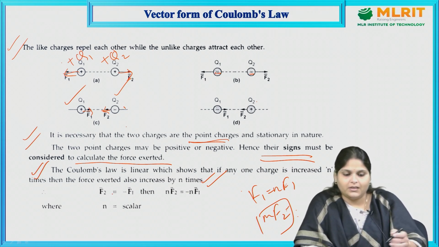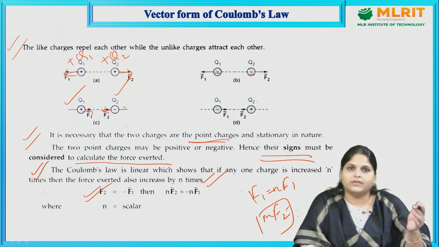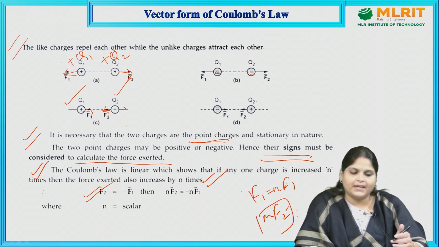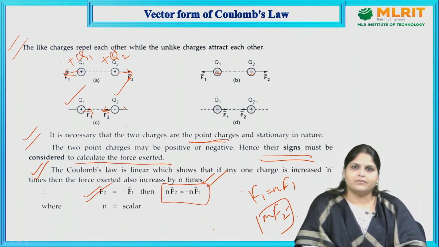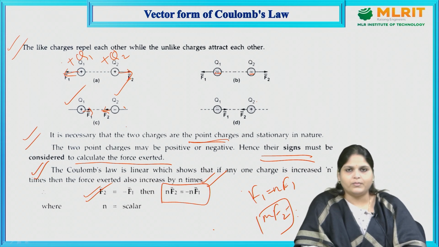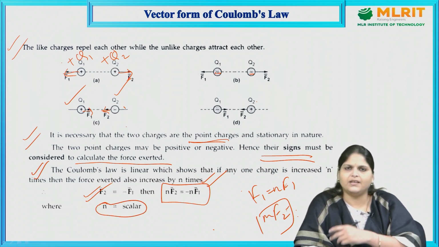Similarly, if we have written this equation, F2 is equal to minus F1, because of the increment of n times, the force will also be incremented by n times. So nF2 is equal to minus nF1. n is nothing but a number, it's a scalar quantity.